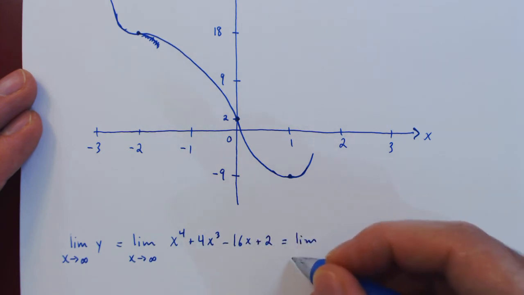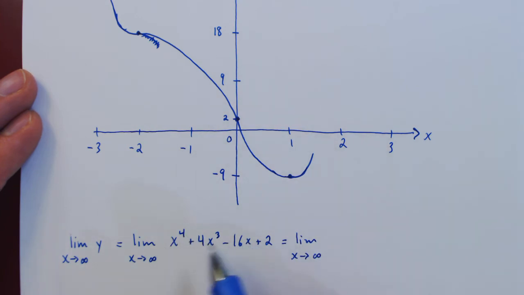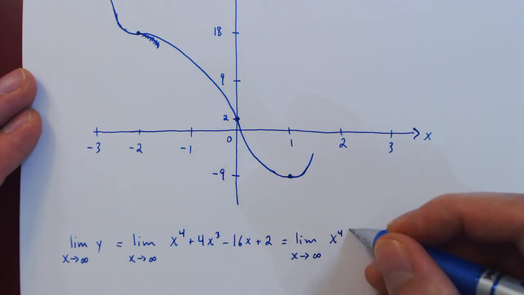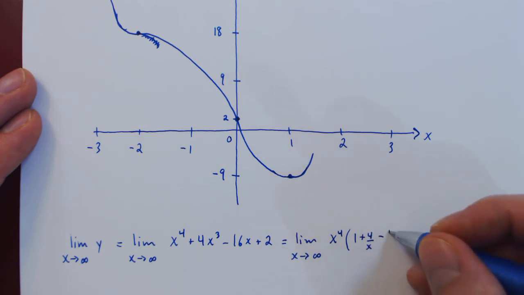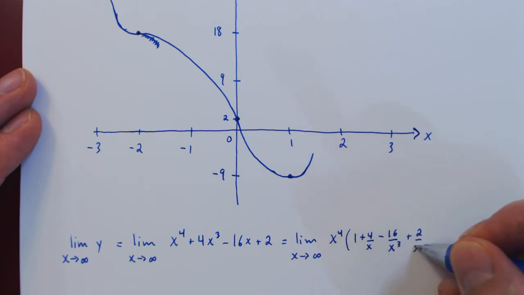And again, as x tends to infinity, the first two terms go to positive infinity, but then this one goes to negative infinity. So this may seem like a tricky limit, but as x becomes larger and larger, by far the larger term is x^4. So we simply have to factor x^4 from the polynomial. What's left over is 1 plus 4 over x, minus 16 over x cubed, plus 2 over x^4.